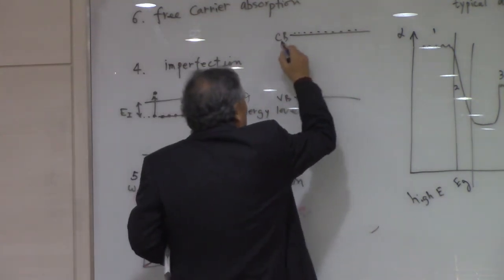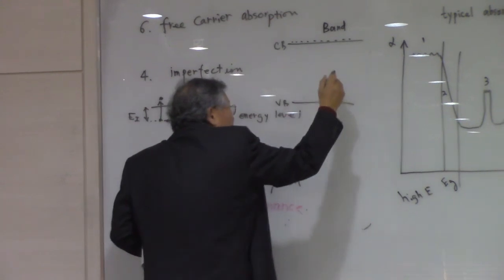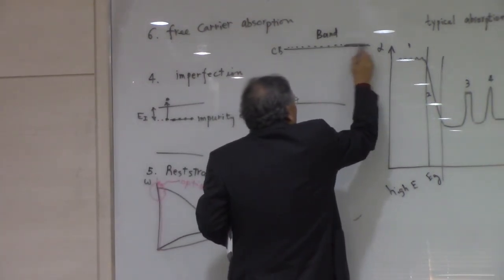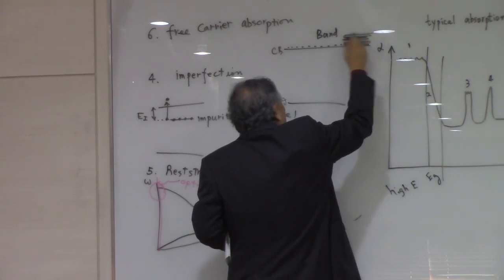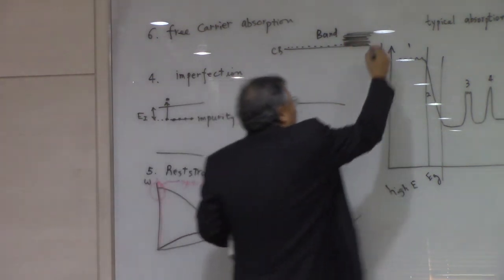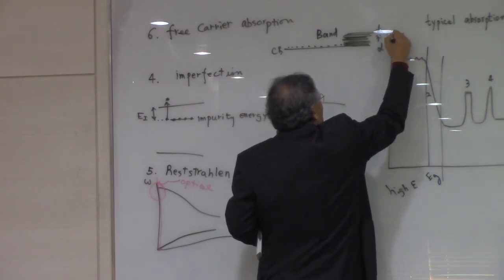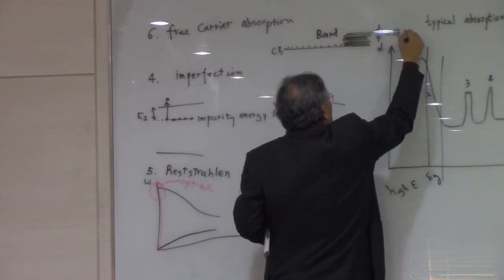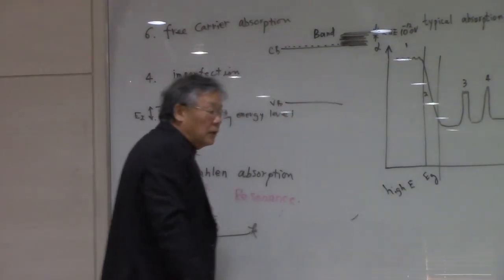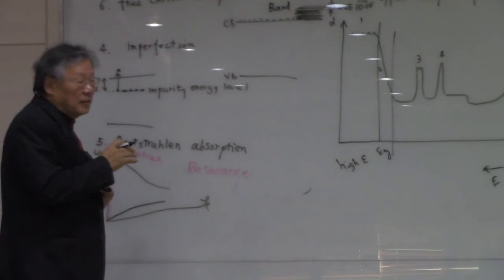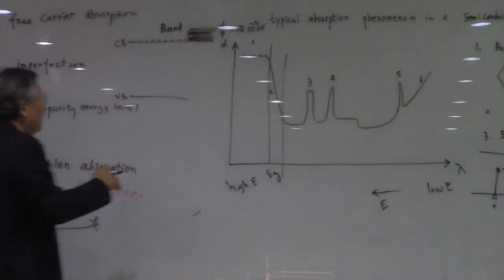By definition of the band, you have very narrow energy states where the gap, delta E, is about 10 to the minus 12 electron volts. We can regard this as almost continuous energy levels.